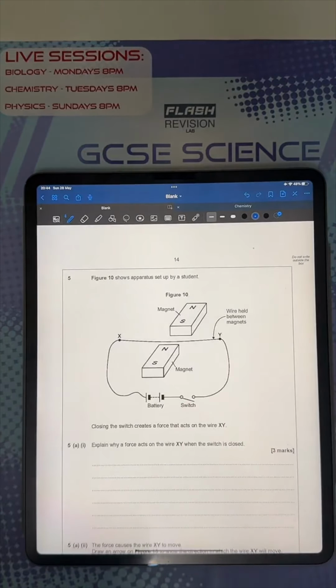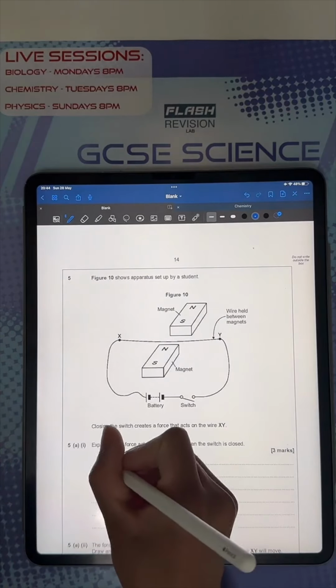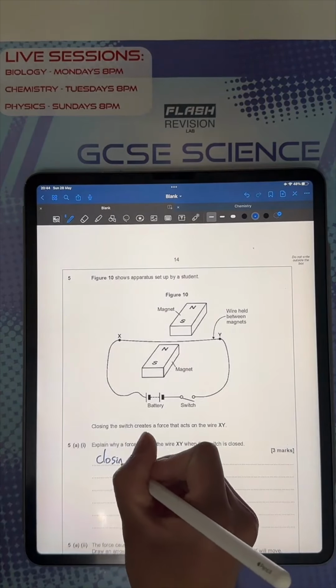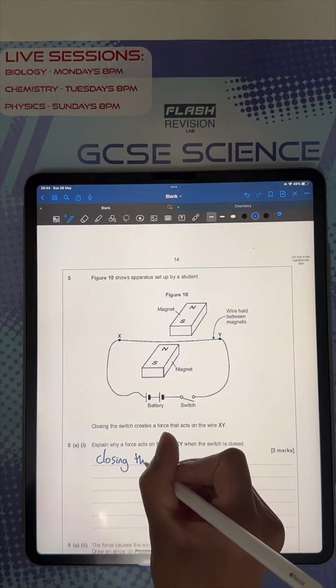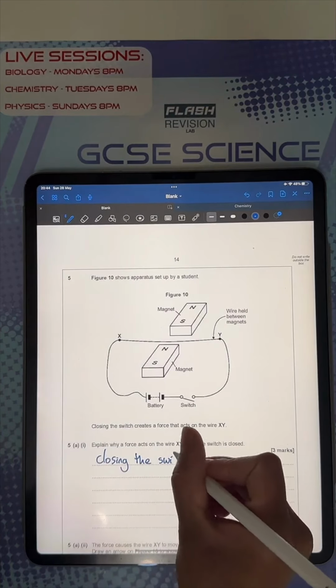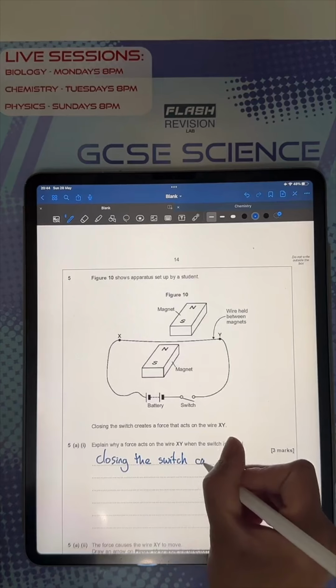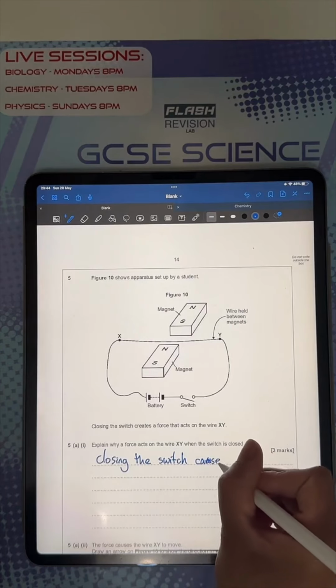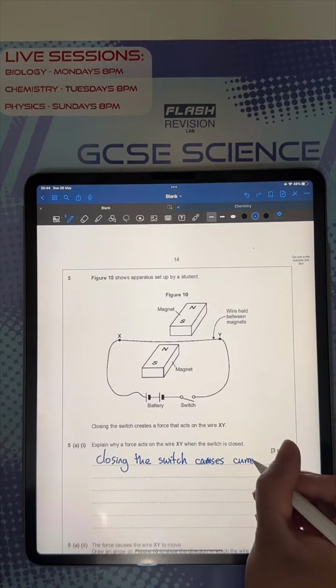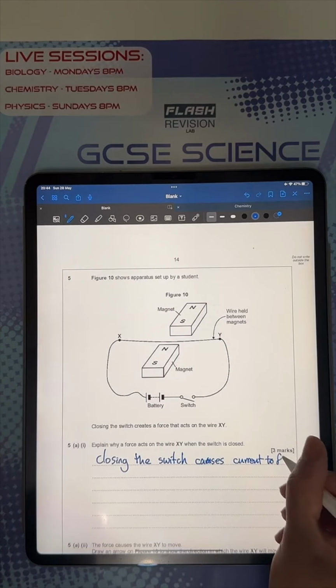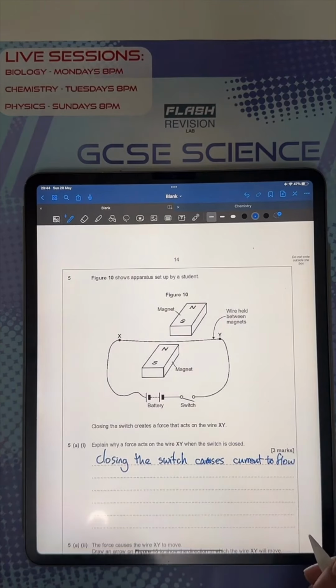So this question is basically asking you to talk about that. Explain why a force acts on the wire. Because closing the switch causes current flow. Yeah, the left-hand rule, exactly.